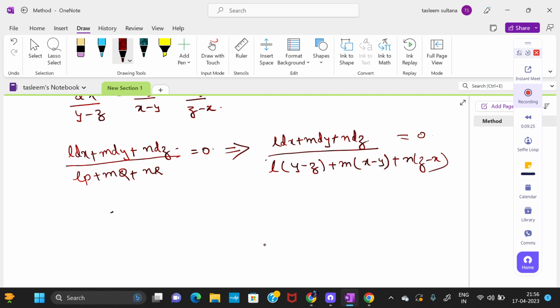So let l equals 1, m equals 1, and n equals 1.